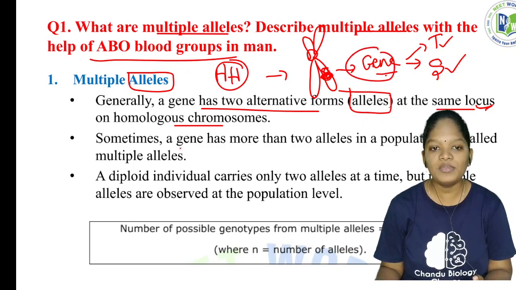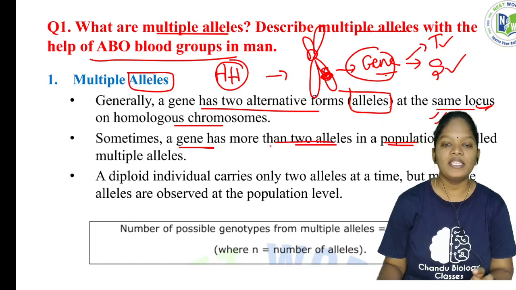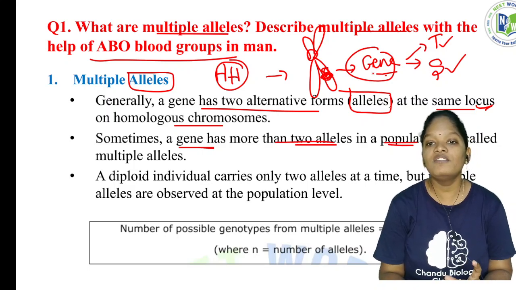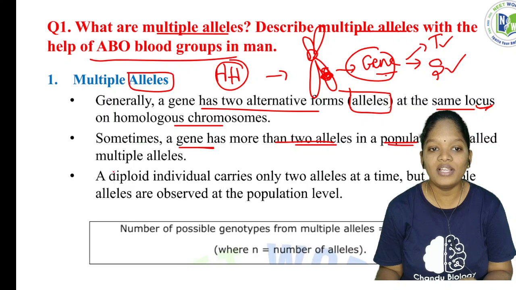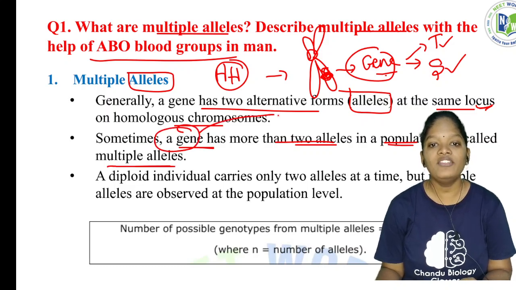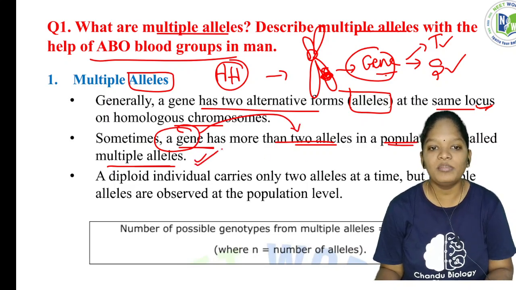Sometimes a gene has more than two alleles in a population. As I mentioned before, there are two different forms of a gene, tall or dwarf, but sometimes there may be more than two alleles. That is called multiple alleles. A gene which has more than two alleles in the population is called multiple alleles.